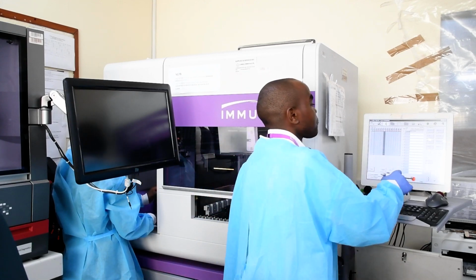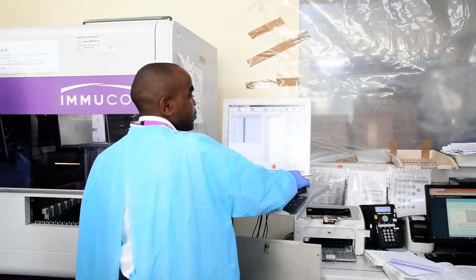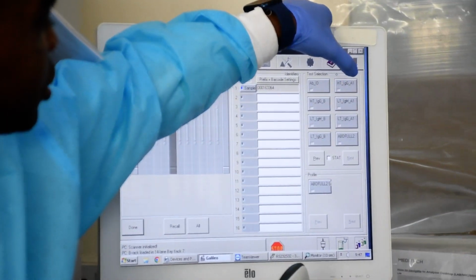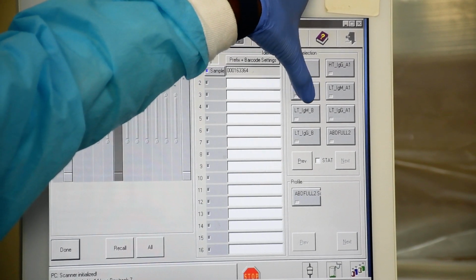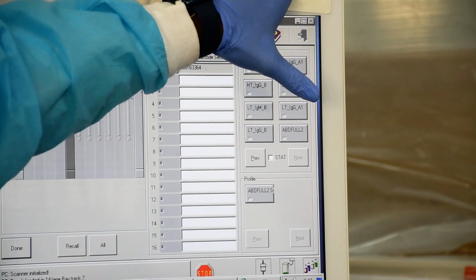And then you go to whatever kind of test. So now, as you can see, we have the HT IgG A1, HT IgG-B, LT IgM A1, LT IgM B, LT IgG A1, and all that.